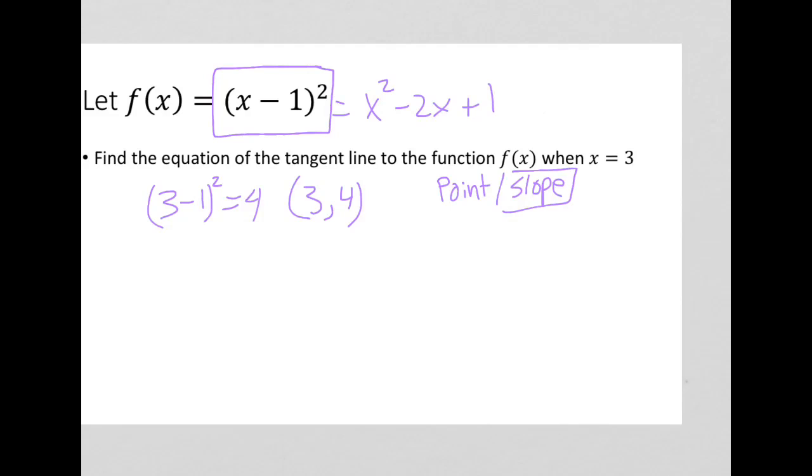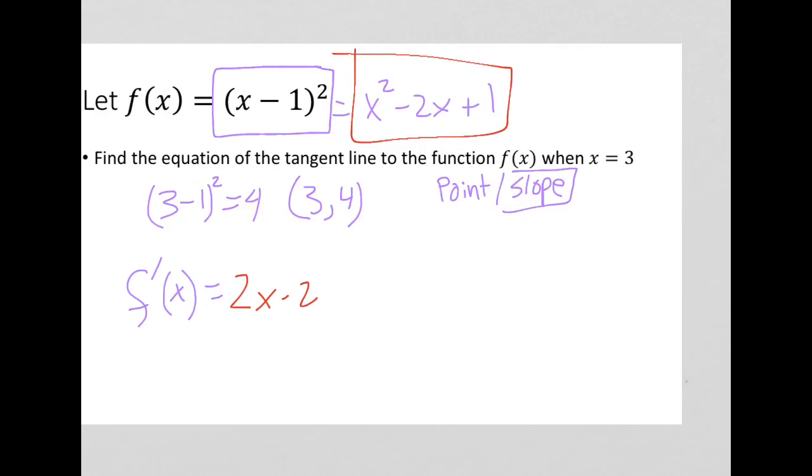I need my slope. Now, to find the slope, we need to take the derivative of this function. So the derivative, f prime of x, of the function x squared minus 2x plus 1 is going to simply be 2x minus 2. We're using the power rule.